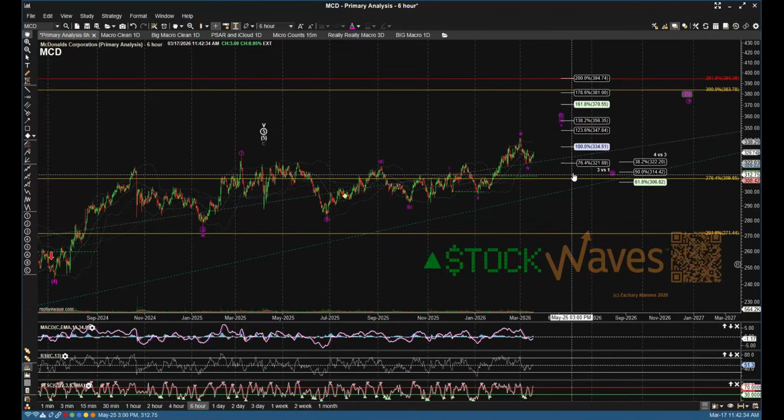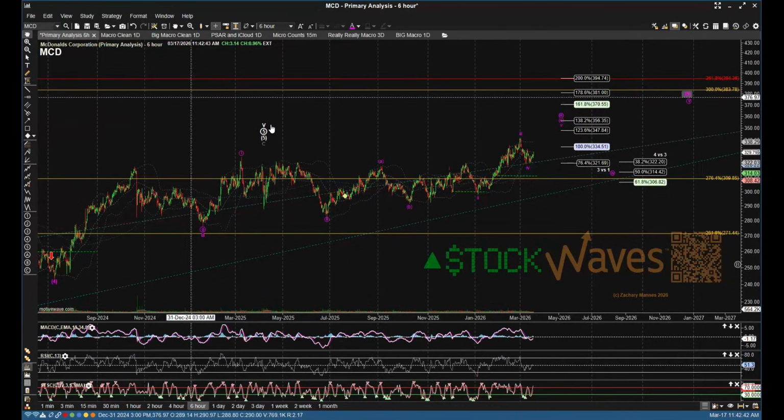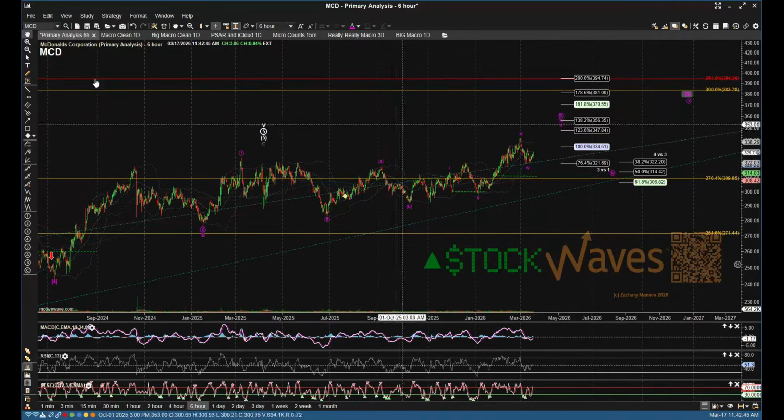So as long as that's holding support in the low 300s, I'm looking for that to head up closer to the 370, possibly even get a blow off top closer to 400 for McDonald's.